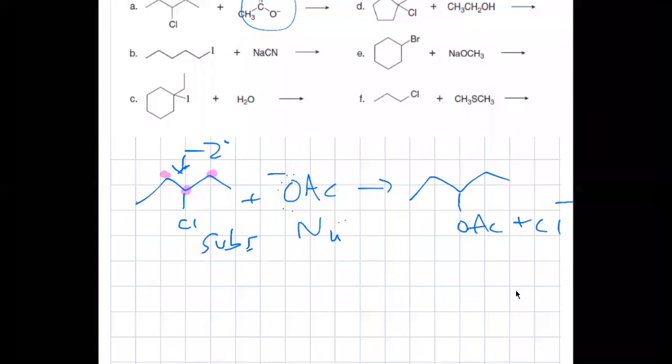Let's do the next one. Let's do B. So iodine is my leaving group, and I'm reacting this with Na+ CN-.